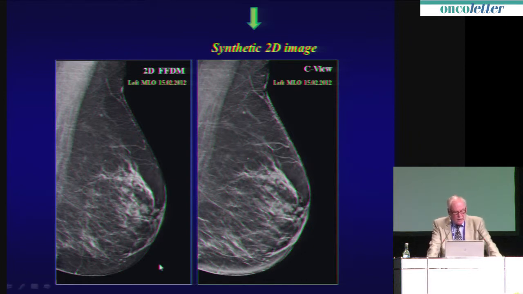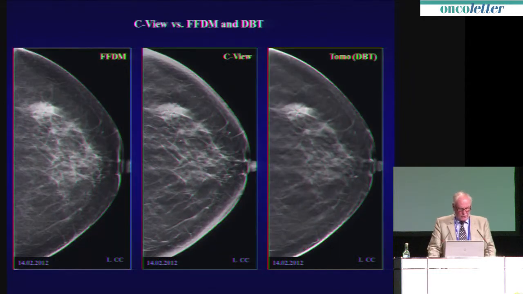To the left, you have a conventional 2D image. On the right, you have a synthetic 2D image. You see, depending on which algorithms the manufacturers are using, you will get some artifacts. We may have artifacts from macrocalcifications and so on, but in general, we had the old version during the first year of our trial, and it has no practical importance regarding the evaluation of the images.